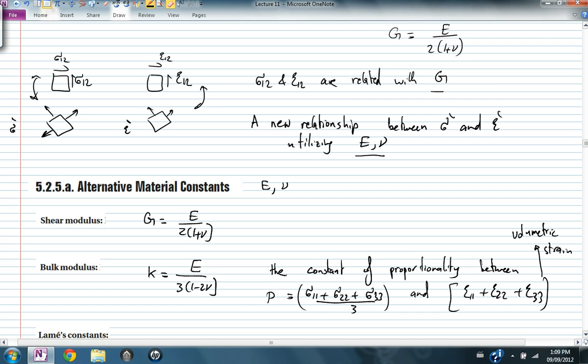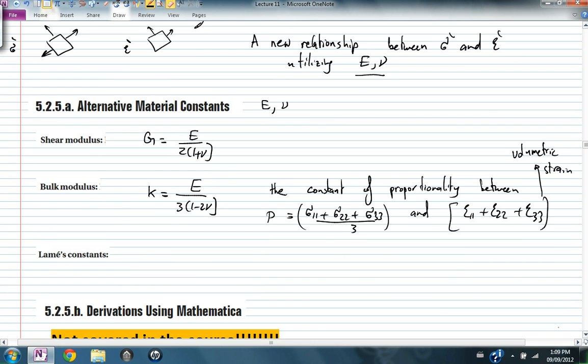The relationship between the sum of those three and the sum of those three are related using a constant that's equal to E divided by 3, 1 minus 2 Poisson's ratio.